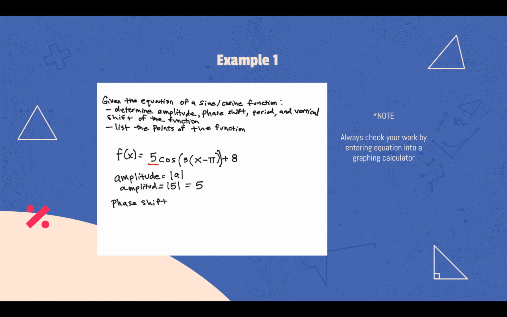And in this case, our b is represented by the symbol pi. And since it does have a minus sign in front of it, that means that our phase shift equals right pi units.